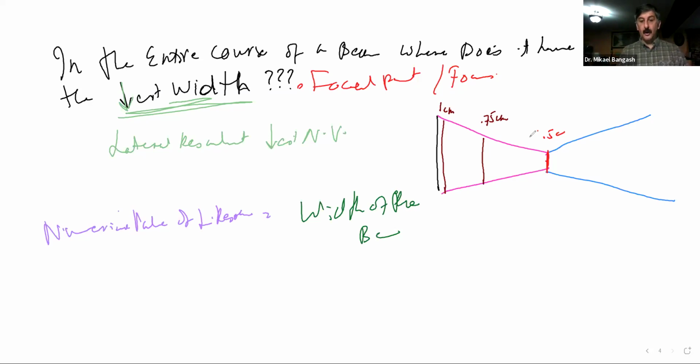It just got lower and lower until we reach the focus where the beam reaches its narrowest width. And the narrowest width is going to be the lowest numerical value of your lateral resolution.